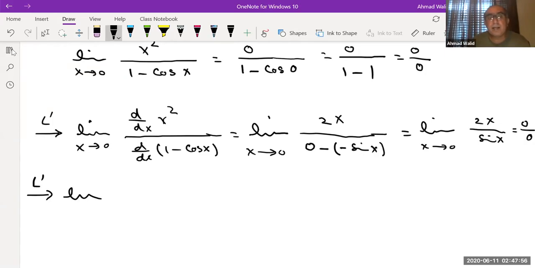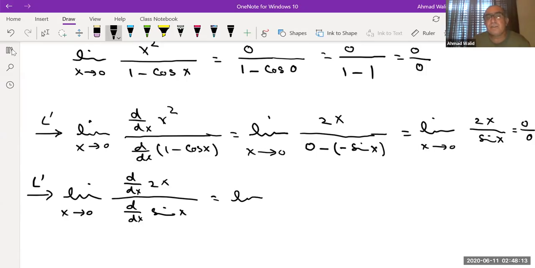Then I can write the limit as x approaches 0, d/dx of 2x over d/dx of sine x, which gives me limit. d/dx of 2x gives you 2 over d/dx of sine x, which is cosine x, as x approaches 0.